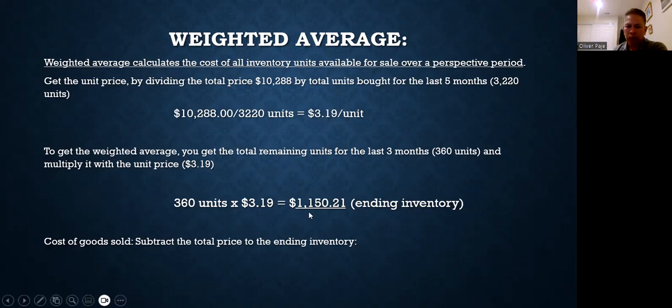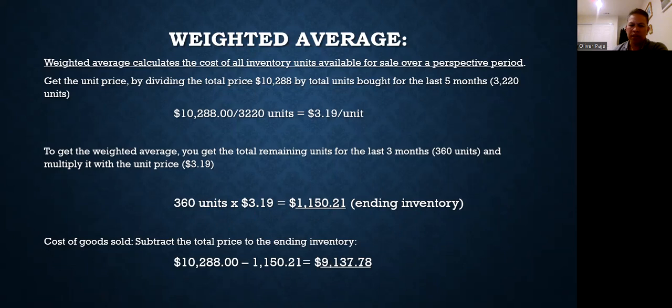To get the cost of goods sold, you do the same thing: subtract the ending inventory from the total price of 10,288, and you get 9,137.78 as the cost of goods sold for the weighted average.